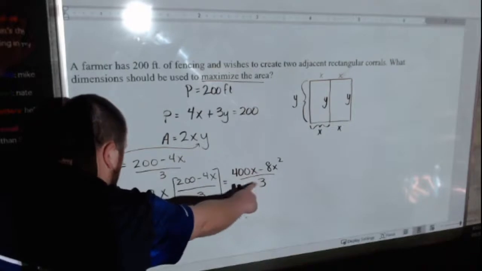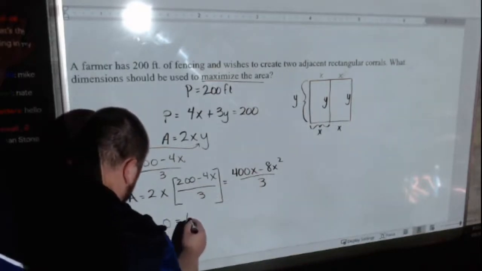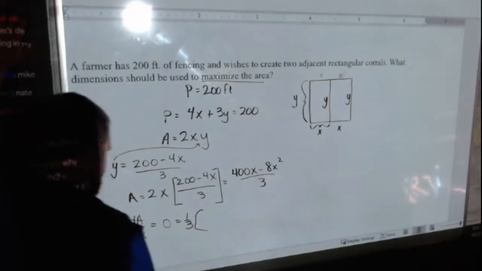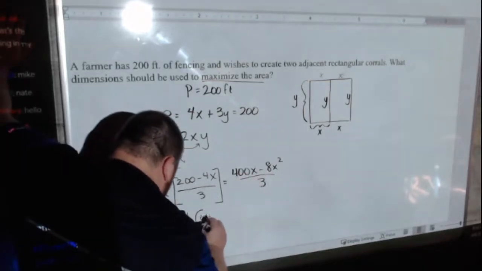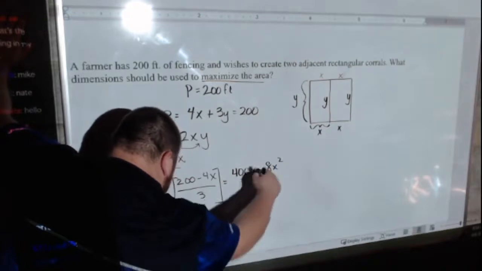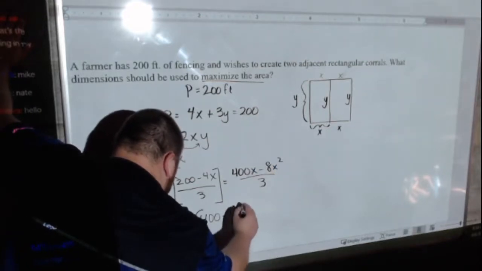That 1/3 there doesn't really matter, so I really just need to take the derivative of the top here. That would be 400 minus 16x.